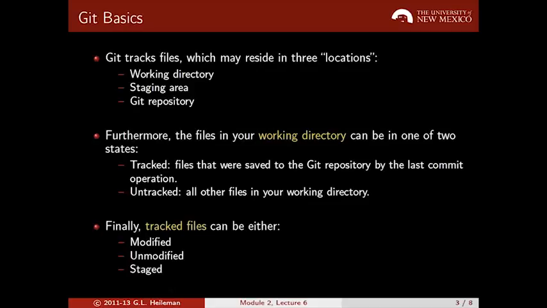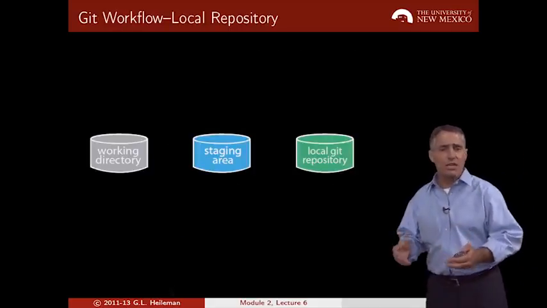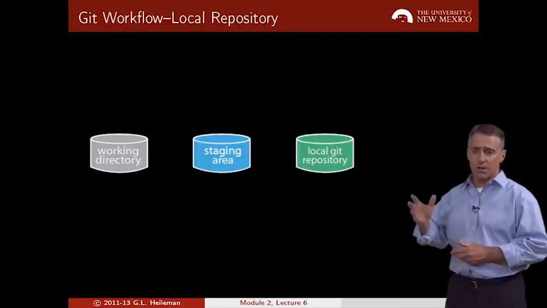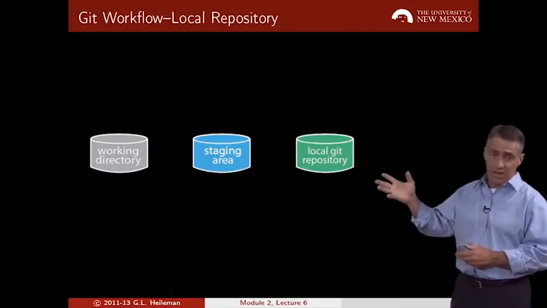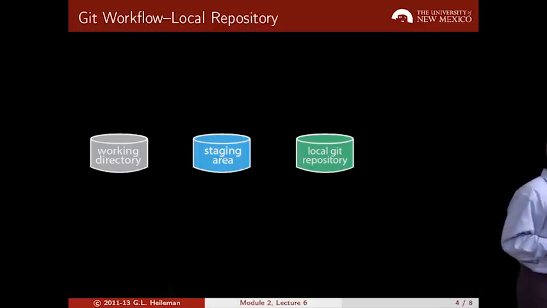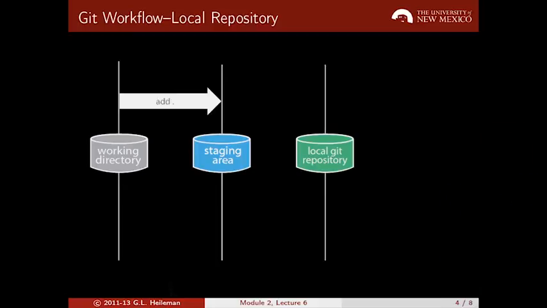Let's look more at how this works. Here are the 3 directories that I just talked about: the working directory, the staging area, and the local Git repository. By the way, all of the commands I show there, you can put git in front of them and execute them.